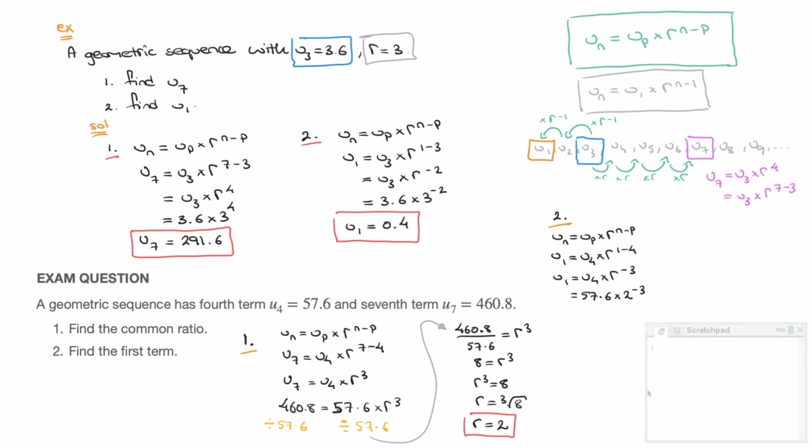And so once more I turn over to my calculator and I calculate 57.6 times 2 raised to the power of negative 3. And I click on enter. And we're done. We can see on the calculator that the first term, u sub 1, is equal to 7.2. And that's the final answer.